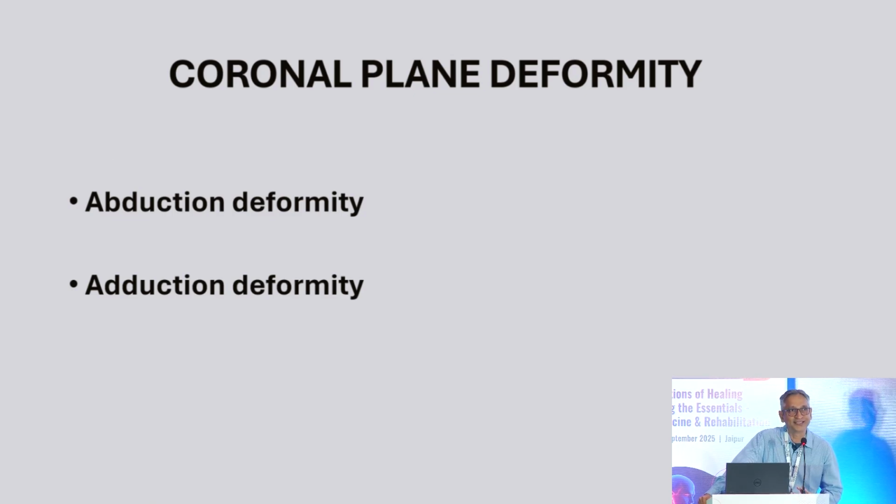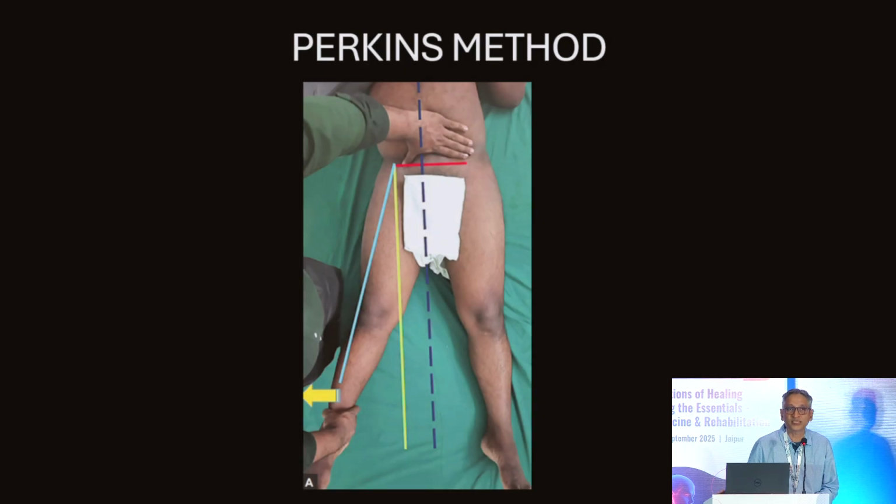Is it over? Two minutes. Okay, sorry. So in bilateral deformity, you cannot do Kothari. In bilateral or unilateral cases, you can do Perkins method. In Perkins method, you should unmask the deformity.